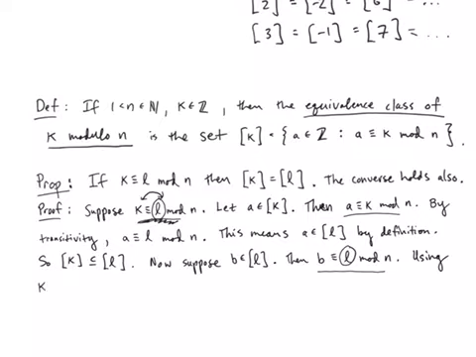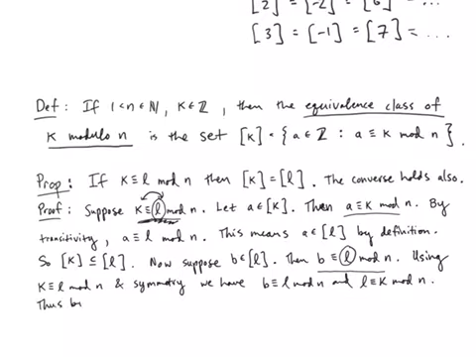So using k is equivalent to l mod n and symmetry, we have b is equivalent to l mod n and l is equivalent to k mod n. Thus, by transitivity again, b is equivalent to k mod n.